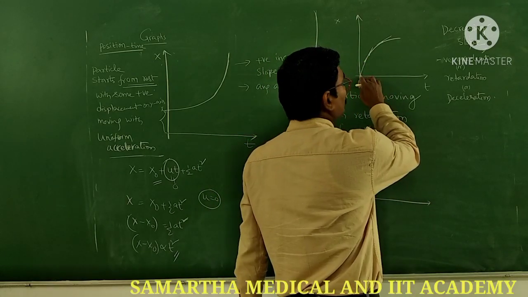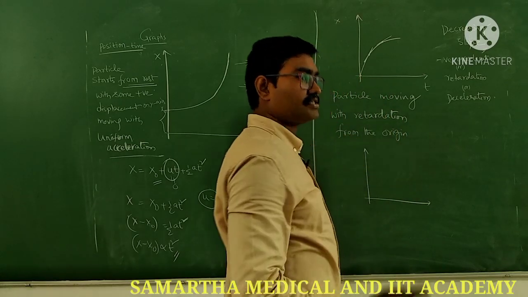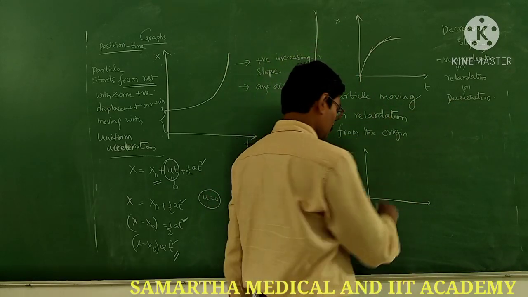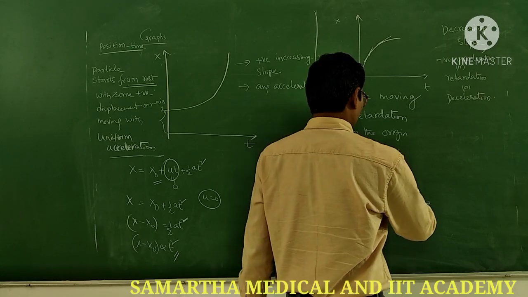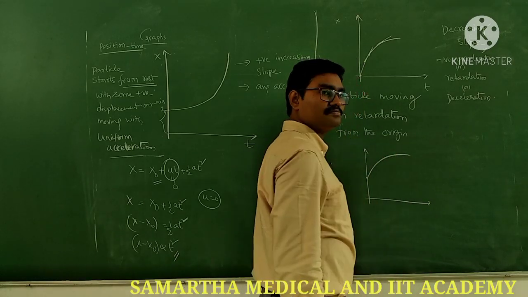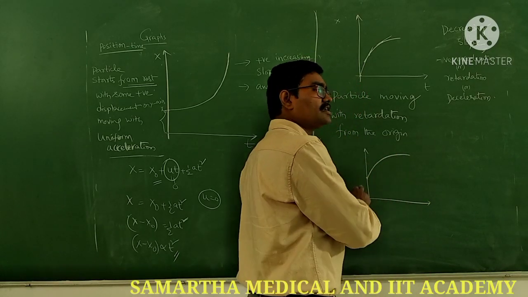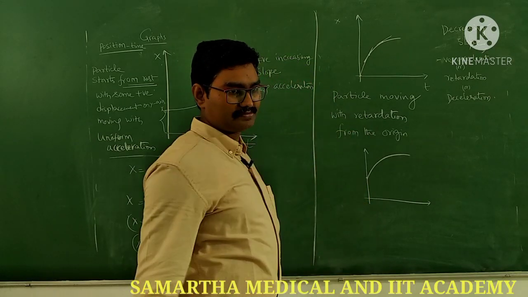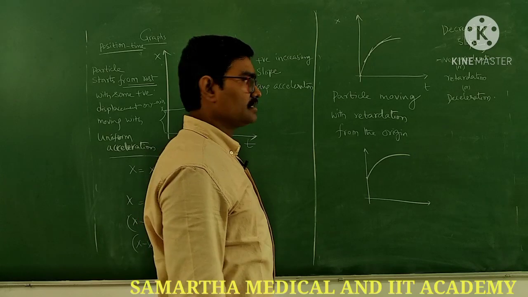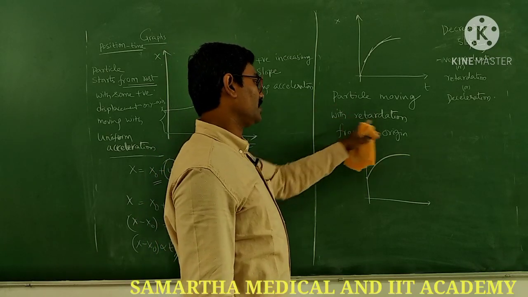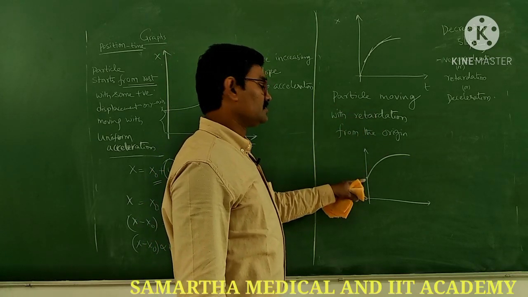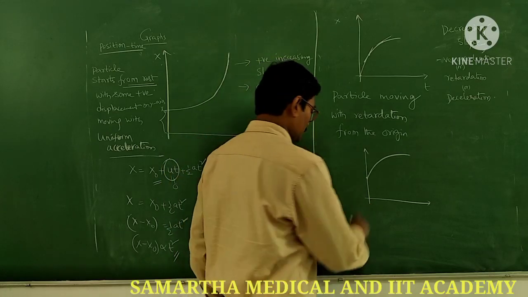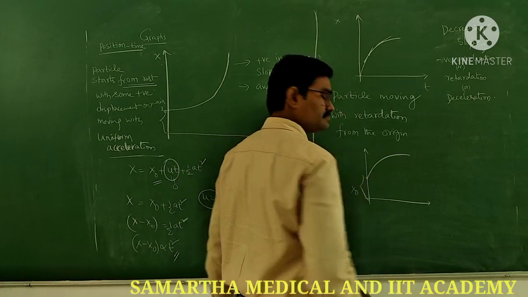Next, suppose the particle is not started from the origin, some positive displacement is already present. Then you will get the curve like this. What does it represent? The particle is not from the origin, but the same conditions remain. The particle is moving with retardation with some positive displacement x naught.